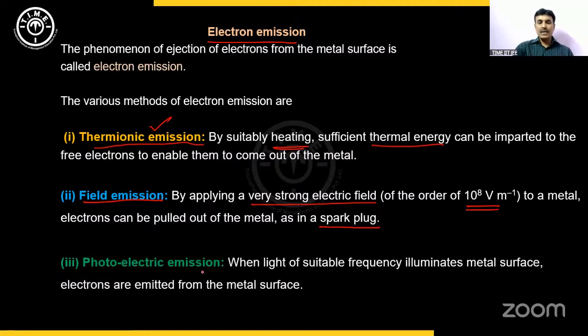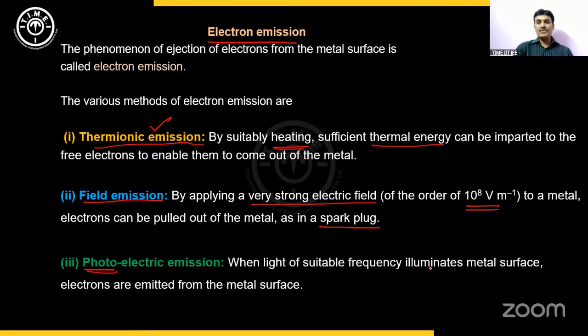Now the third one is the concept for the day, that is photoelectric effect. It is electron emission by any means, thermionic emission or field emission or photoelectric emission. In photoelectric emission, the term photo stands for light.